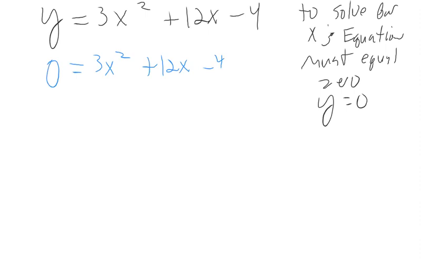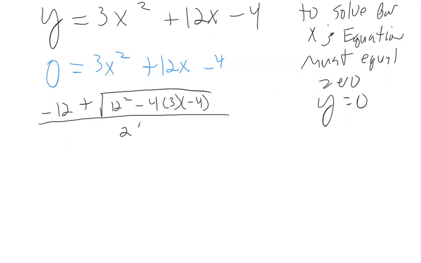If I do the quadratic formula, I get negative 12 plus the square root of 12 squared minus 4 times 3 times a negative 4, all over 2 times 3, which is just 6.